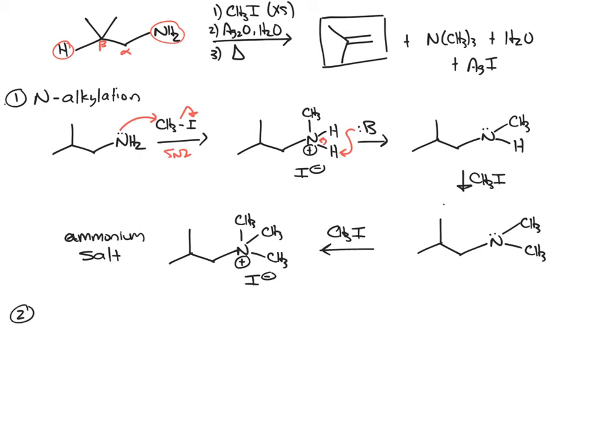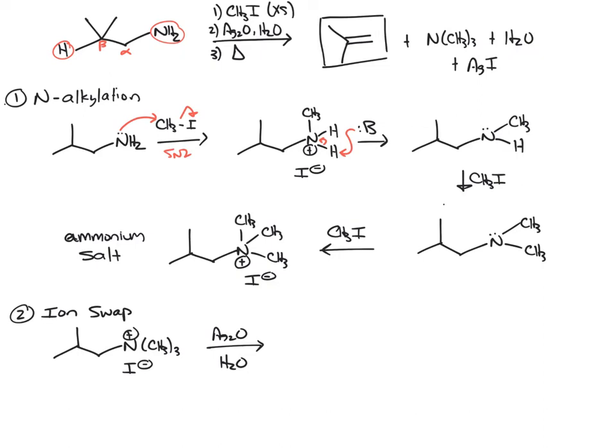So let's take our ammonium salt, just going to abbreviate my 3 methyls, and we react this with silver oxide and water. So this step we're going to call an ion swap.